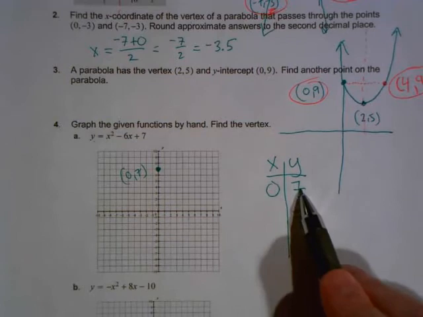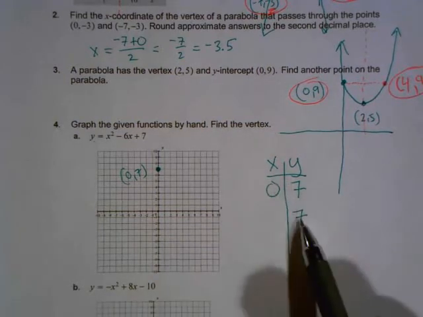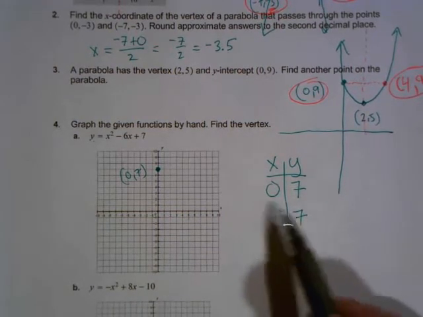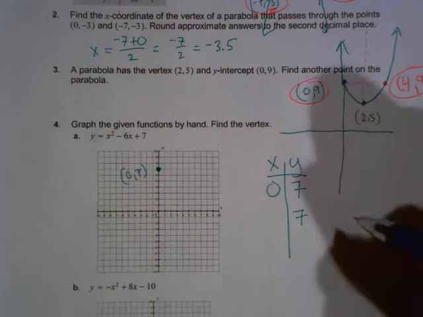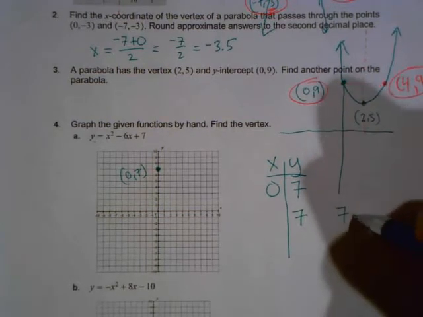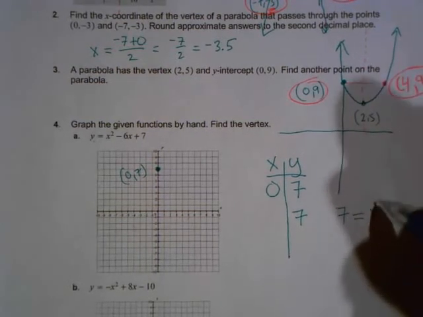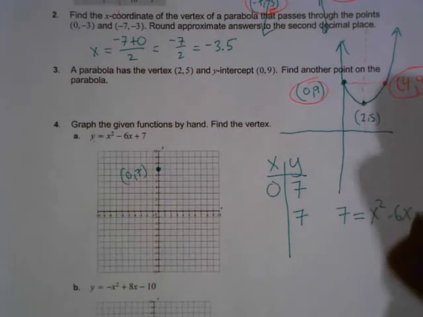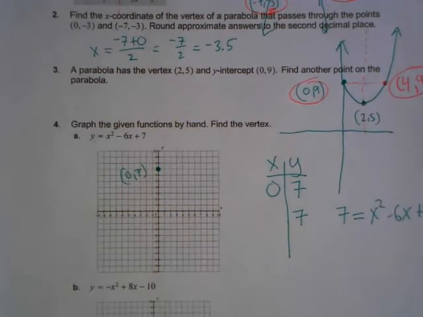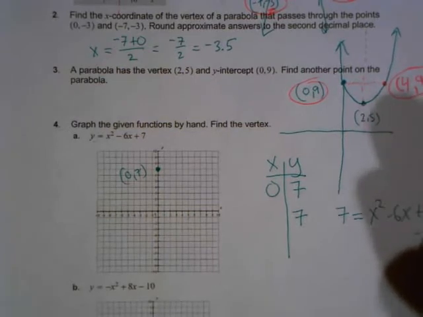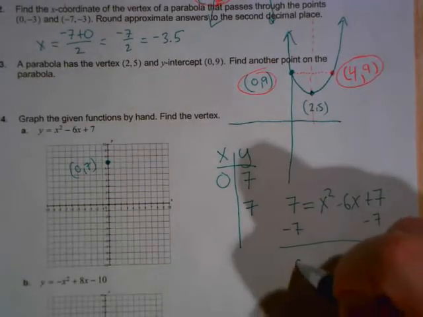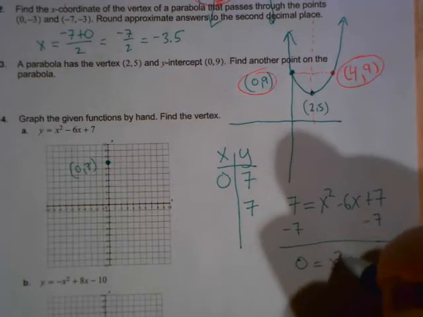Here we're doing something unusual. I'm going to plug 7 in for y, and we're going to find the x. So I plug 7 in for y. I get 7 equals x squared minus 6x plus 7. And I'm going to solve this equation. To solve, I subtract 7 on both sides. 0 equals x squared minus 6x.